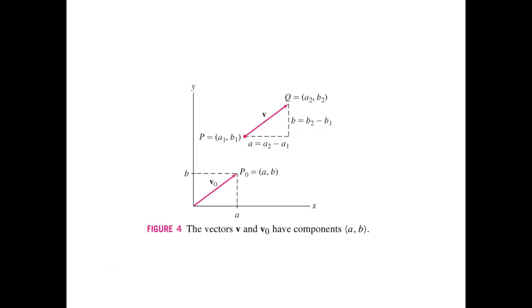The vectors V and V0 both have the same components, AB. They're both vectors, so you put them in angle brackets. But when you write the vector in standard position, the position vector V0, then its terminal point will have coordinates AB, and the vector will have components AB.